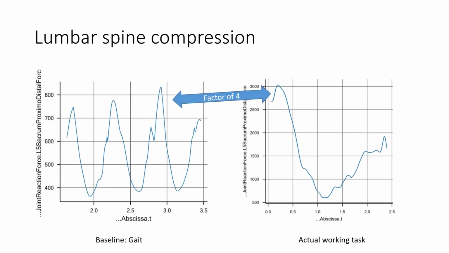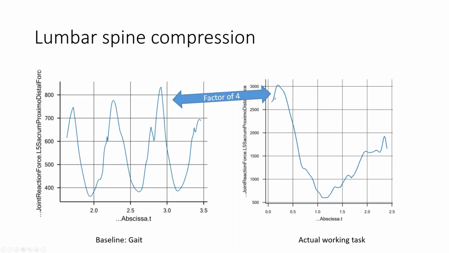And of course, we would also be interested in the lumbar spine compression, because we're lifting something and we're stooping over and bending our backs. So there's a high probability that the back would be highly loaded here. And that's also what we see if we look at the back loads. And here you should focus on the positive numbers. Sorry about that. But if you look at the back loads in gait, you can see that we go up to around 800 Newton for this model. But if you look at the actual lifting task, you can see that we go up to 3,000 Newton in compression.